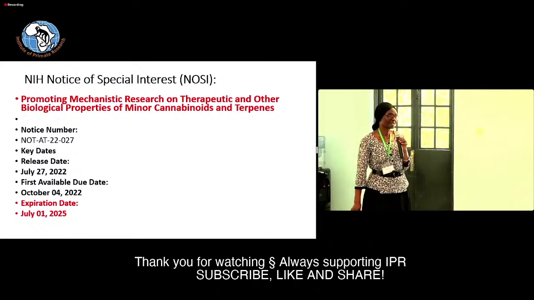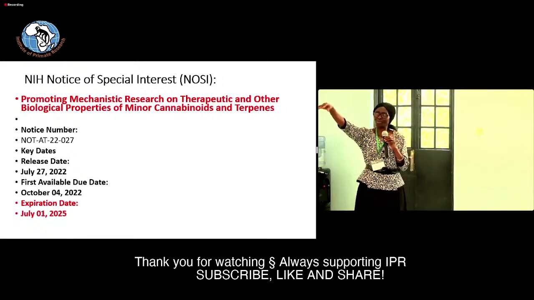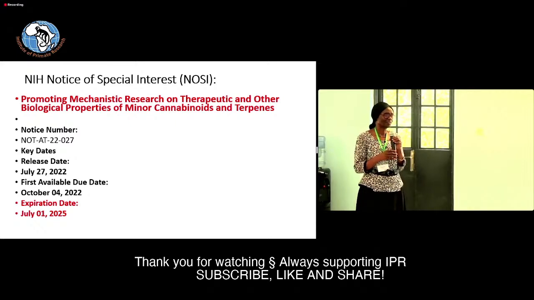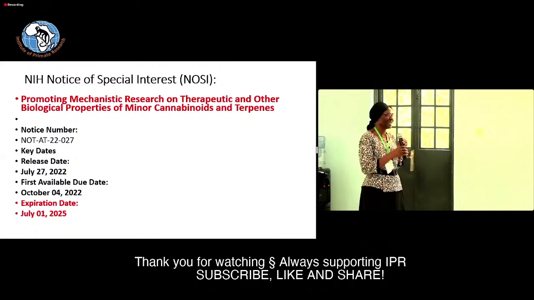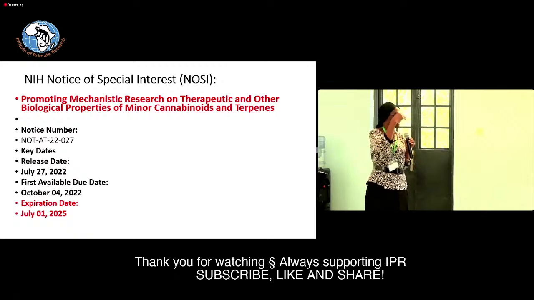The deadline, the expiry date, is still quite far, so one can have a look at it and see if it is something. When I started talking about cannabis, there was a lot of excitement. That excitement should translate, as researchers, to coming up with something for our patients, from our locally grown cannabis sativa from our mountains.